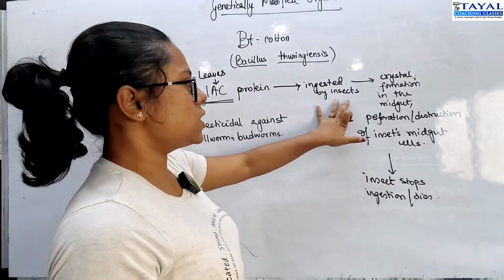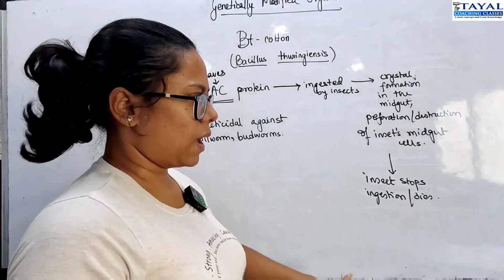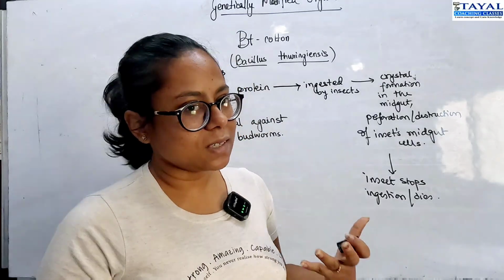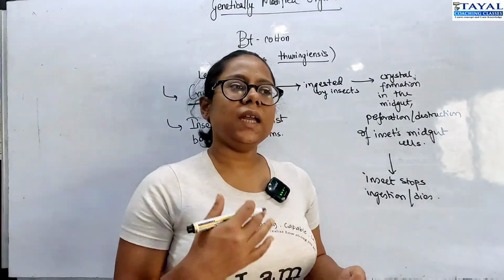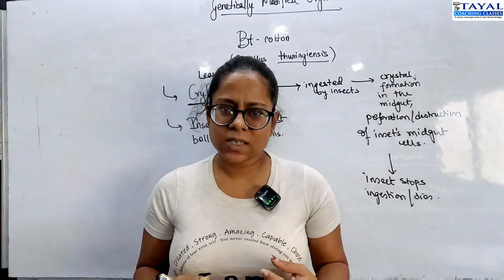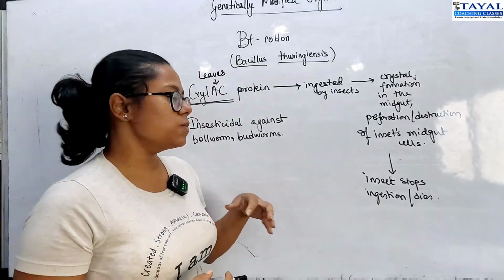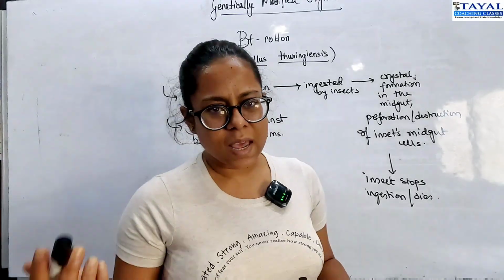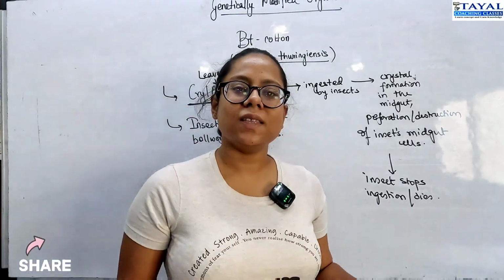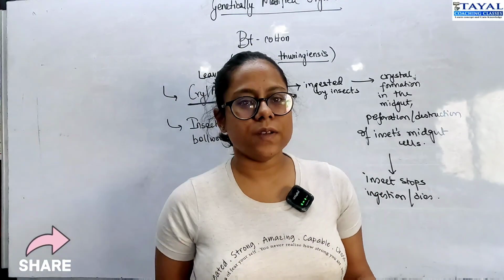When these leaves were ingested by the insect, the same outcome happened, and therefore the insects will stop eating these leaves. Therefore, we naturally gave those plants a particular resistance to insects like bollworms and budworms, tobacco budworms, and therefore prevented them from getting damaged by these pests and ensured higher harvest.